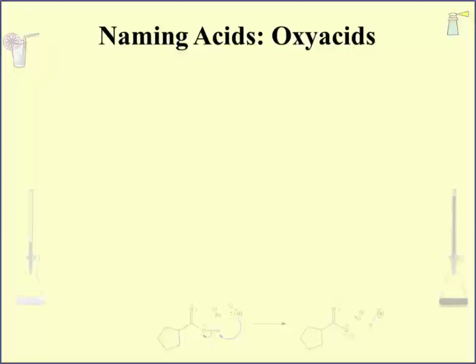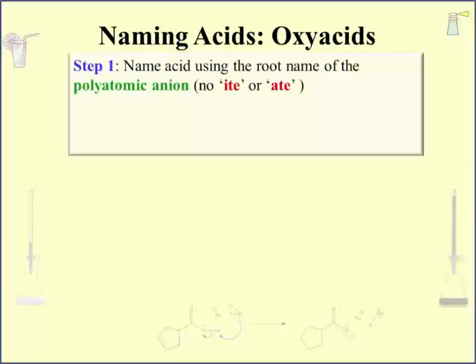The more complicated naming structure is for acids with polyatomic anions, and in particular, those carrying oxygen, oxyacids. They begin with a polyatomic anion name. Take the root or stem of the name. This usually means dropping the ITE or ATE at the end of the name. Some polyatomic anions have a prefix before the name, like hypo or per. Keep that. The more complicated part of the naming is what to add to the root.